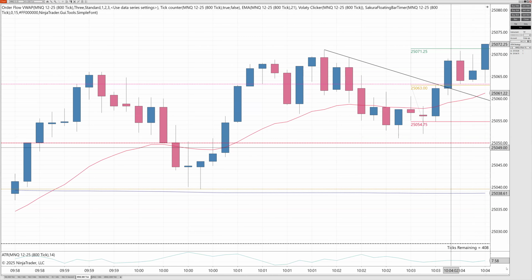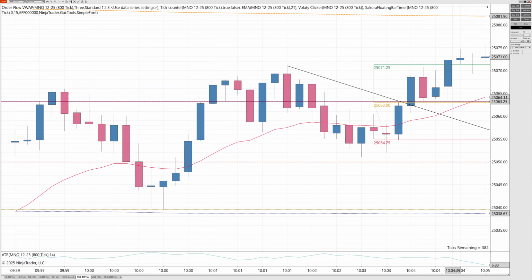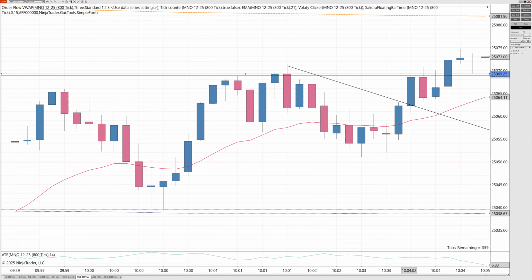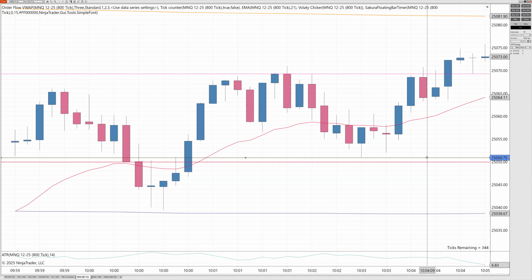So the runner is running now. Again, we're not in this one. The golden ruler, however, moves up.